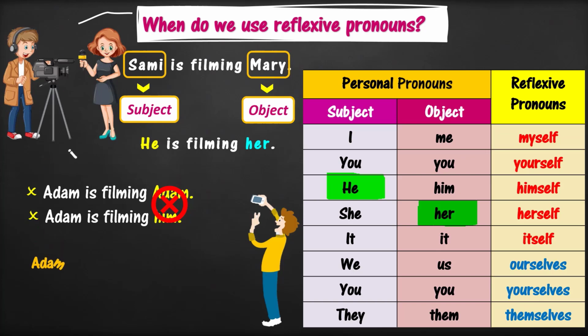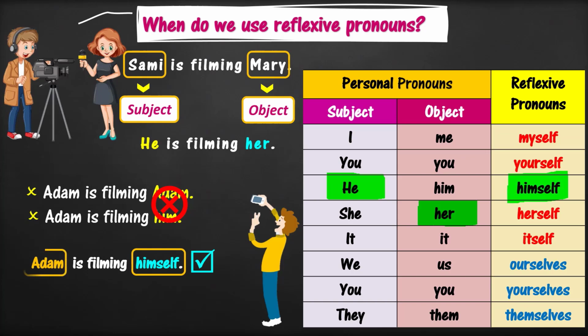The correct structure is Adam is filming himself. We use the reflexive pronoun himself to refer back to the subject, which is Adam, because they are the same person. They refer to the same person, which is Adam.